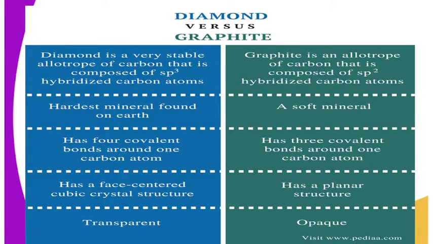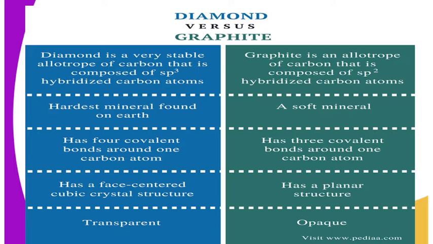Diamond is a very stable allotrope of carbon, while graphite is an allotrope of carbon that is composed of sp2 hybridized carbon atoms. Diamond is very hard and it has a high density of about 3.54 grams per cubic centimeter.